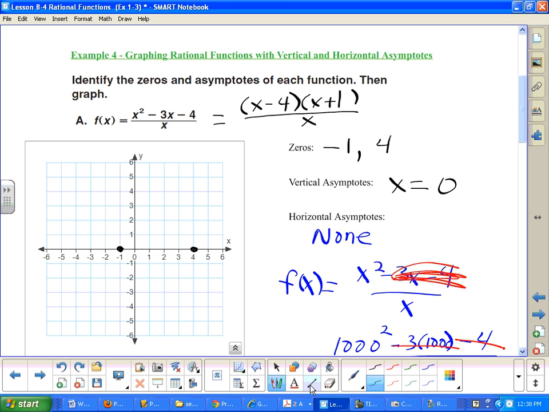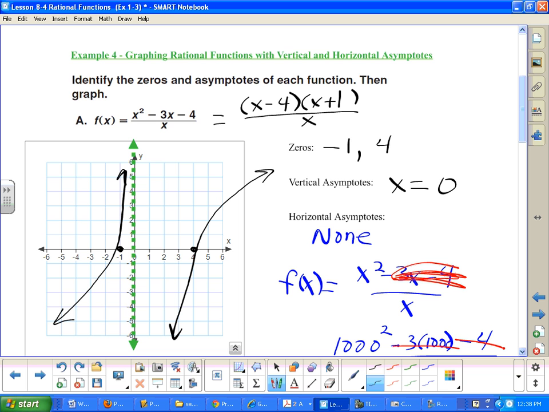So graphing it then, we graph our zeros, -1 and 4. Your vertical asymptote at 0. And then we graph it. And in this case, your graph's going to look very similar to the ones you were doing in the last lesson.